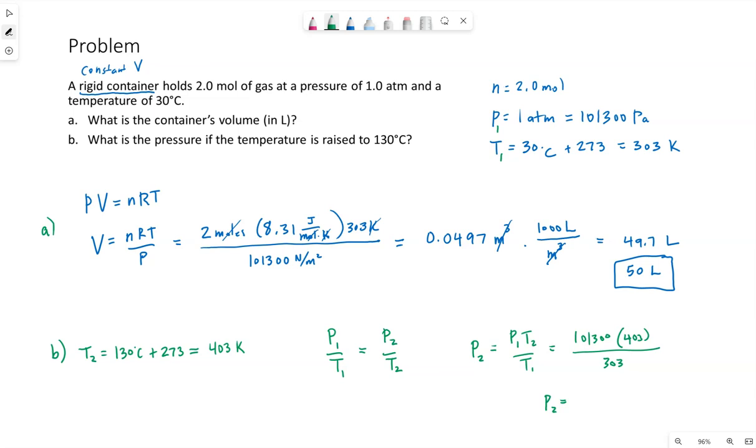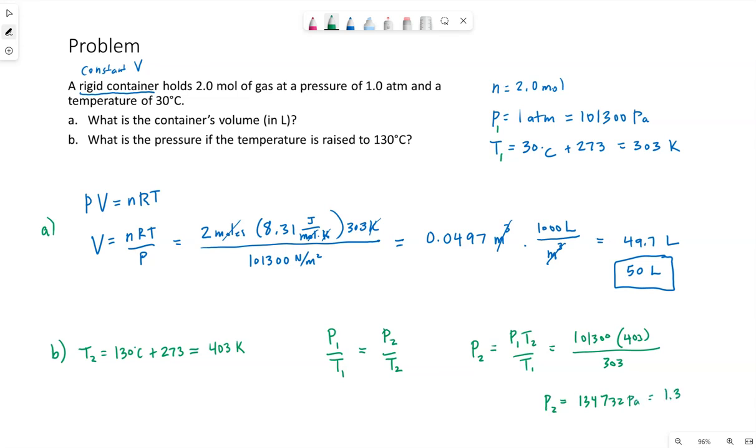I don't usually write this all the way out. This will be in pascals.